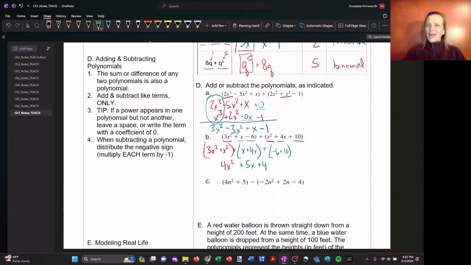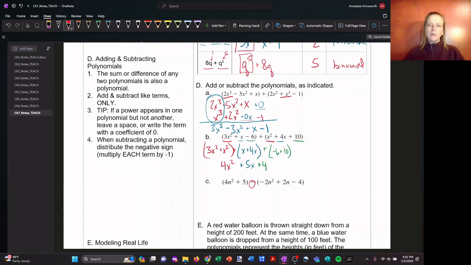How about subtraction? How do we handle subtraction with polynomials? When you're subtracting a polynomial, you are really adding a polynomial that's been multiplied by -1. So what we're going to do is take this negative sign and distribute it to each term inside the parentheses.